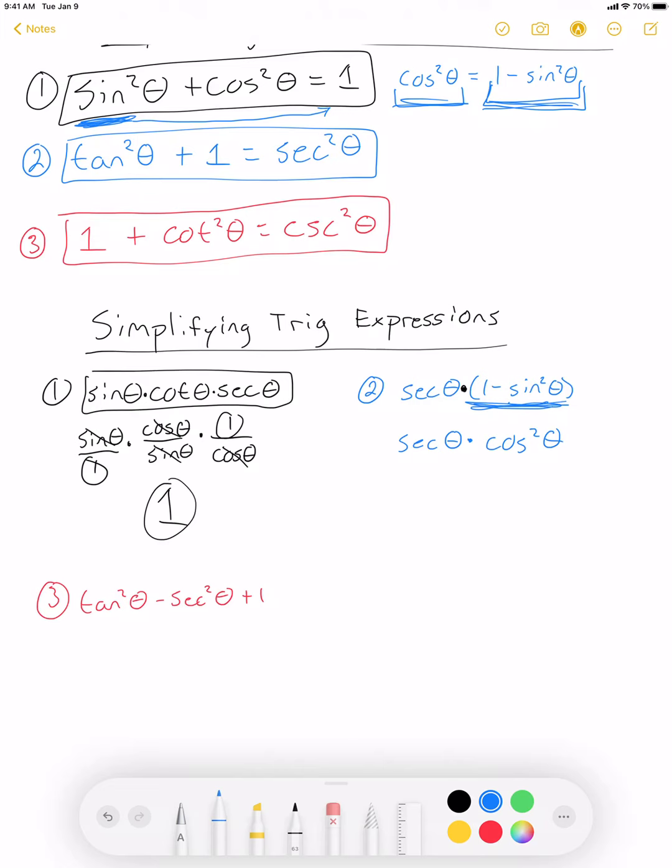Okay, now how does that help us? Well, now that we're multiplying even further, let's try to break down secant. So how can I rewrite secant? Secant is the same thing as 1 over cosine. And when I take 1 over cosine times cosine squared, isn't cosine squared just the same thing as saying cosine times cosine? It's kind of like if I had x squared.